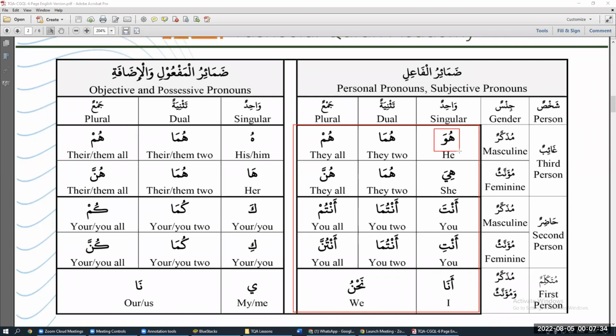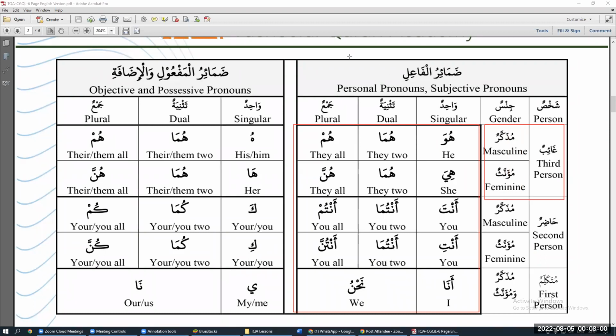Okay, as I have told you, person has three types: ghaib, hadir, and mutakallim. Each group has its own divisions. In ghaib we have muzakkar and muannas.